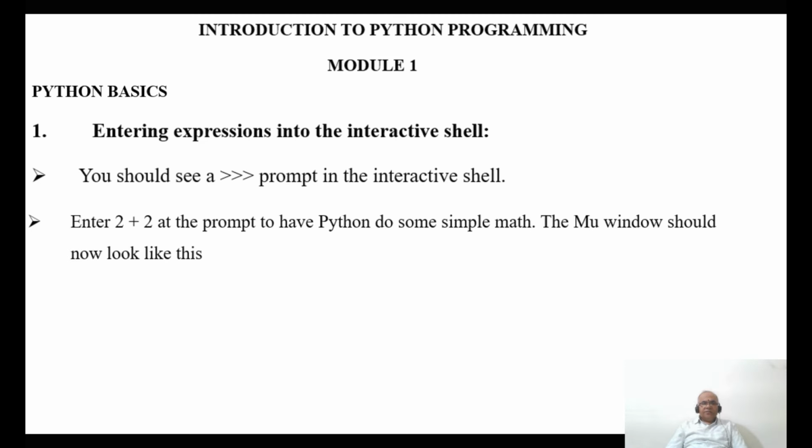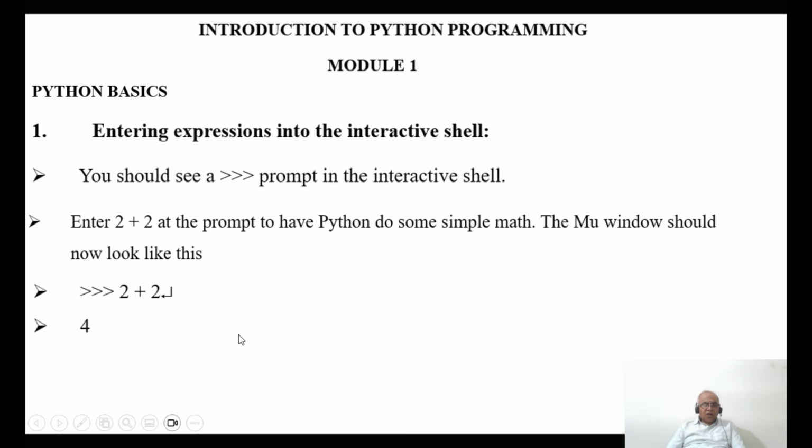For example, if I enter 2 plus 2 at the prompt, it's a simple mathematical calculation wherein 2 plus 2 will be equal to 4. In this interactive shell, 2 plus 2 becomes 4, so the output will be 4.